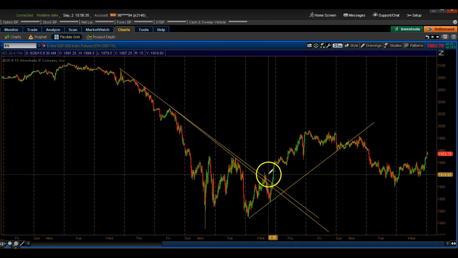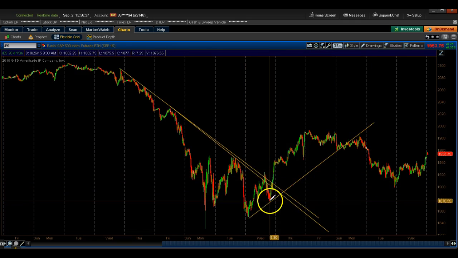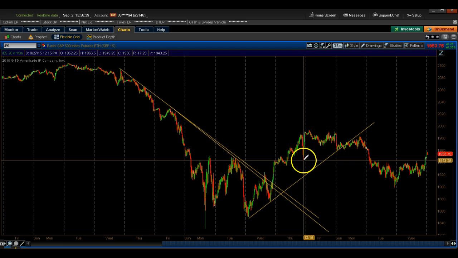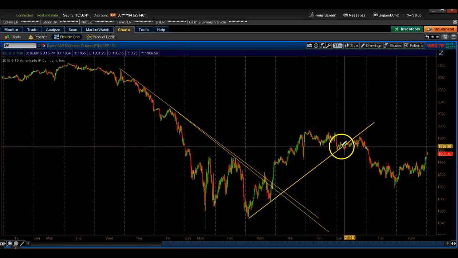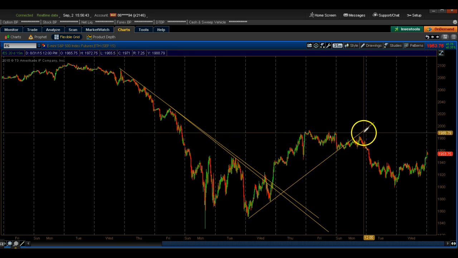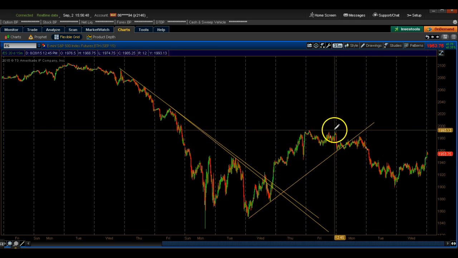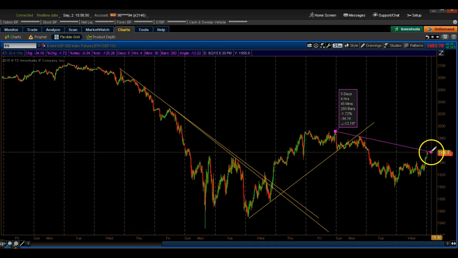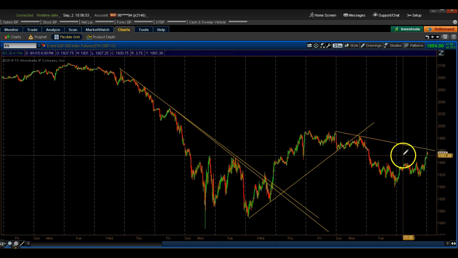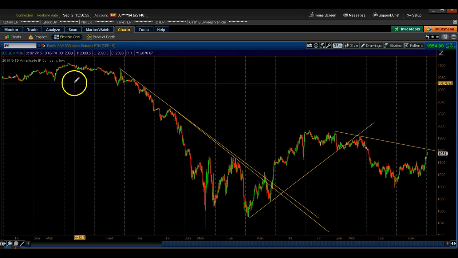Look at this, right? We touch. So now we rally, we pull back, rally, pull back, come down, ride it, fall. Now we're on the backside, and then we fail, right? So you could come over here, draw this trend line to here, and look at how price stopped exactly at that level.